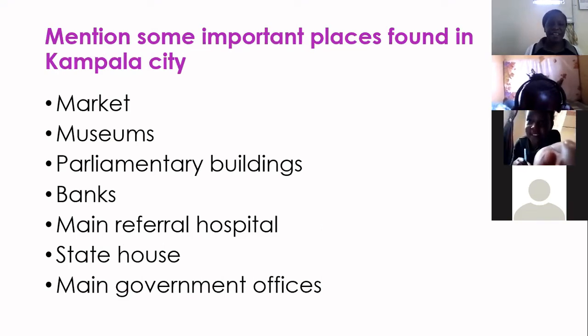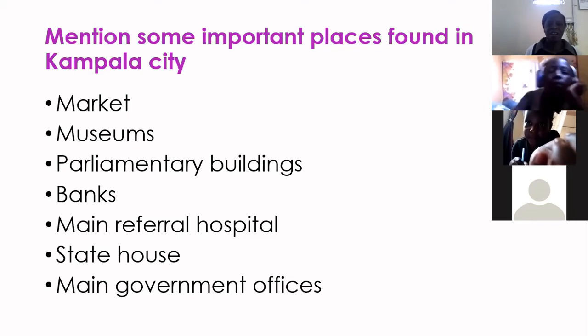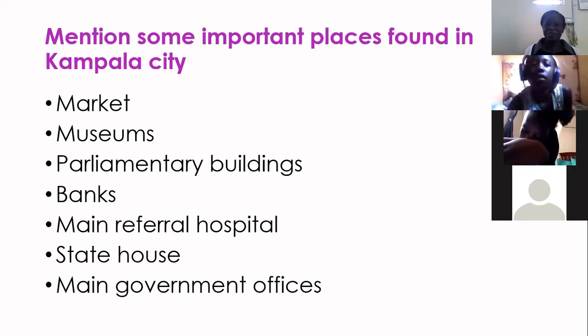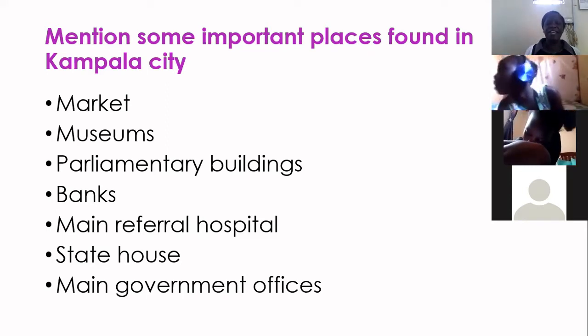At first we said that Kampala capital city is the name of our country, Uganda, but our capital city is the Kampala capital city. So let's continue. We are continuing to look at some of the important places found in Kampala capital city.